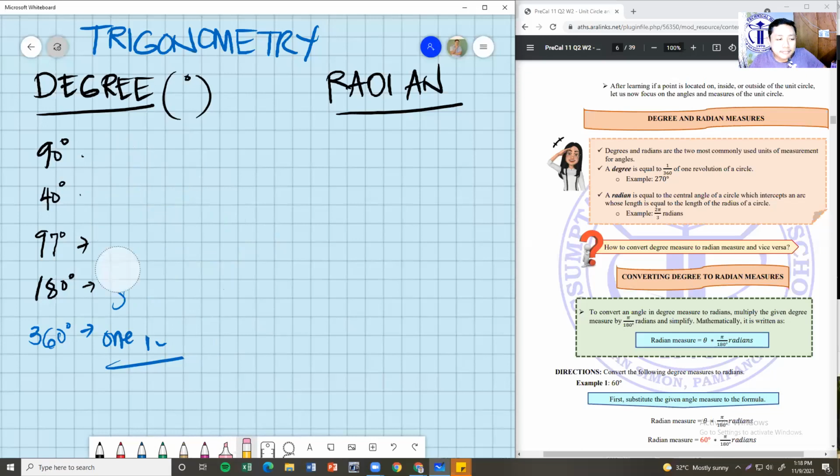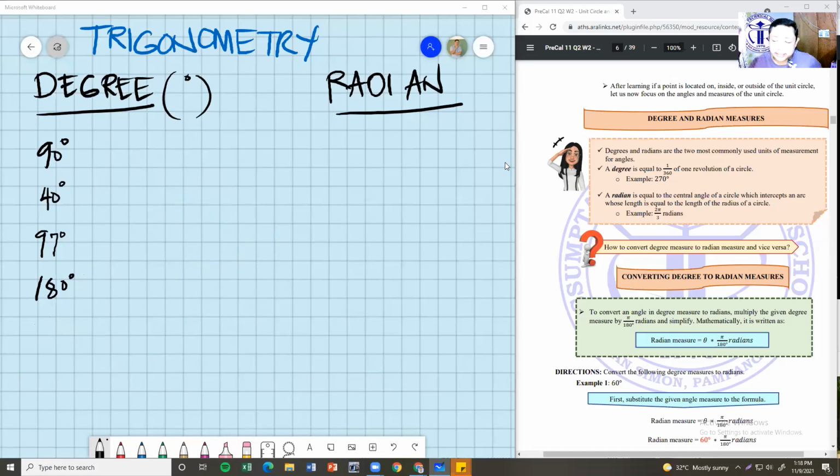Now, let me remove this. When we say radian measures, these are different from the degree. And as you may have noticed on your scientific calculators, there's a mode called rad, if you are familiar, the deg, the rad, and the grad.